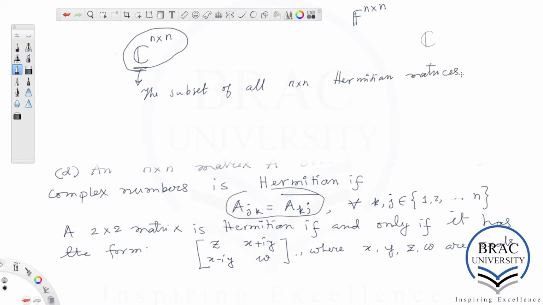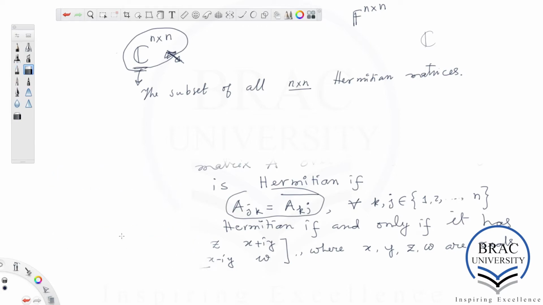Now I claim that this subset is not a vector subspace.